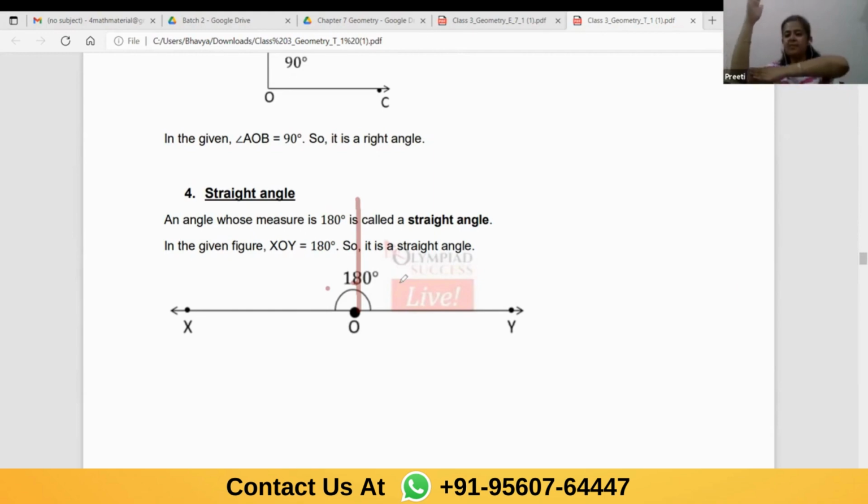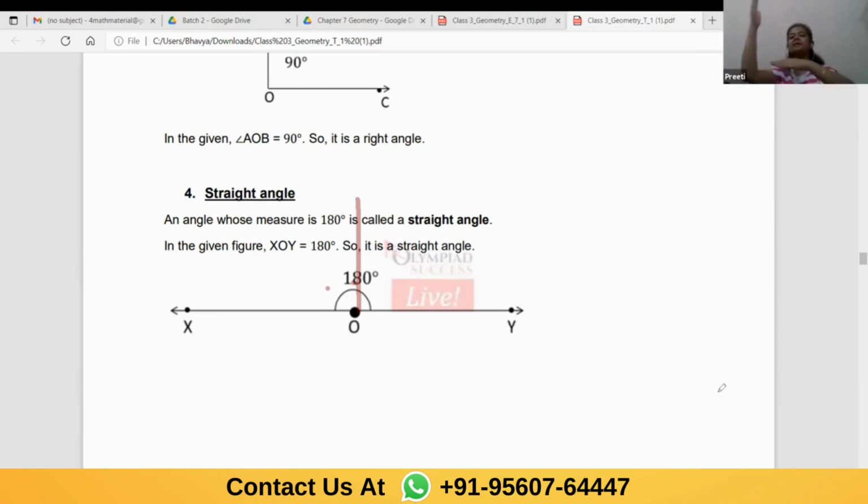Anything between 0 degree and 90 degree is called an acute angle. Whatever is between right angle and straight angle is called an obtuse angle. A student asks: Ma'am, so right angle and acute angle are the same?